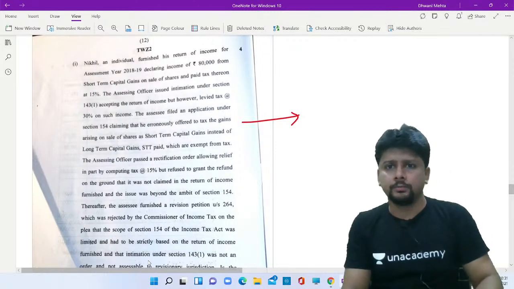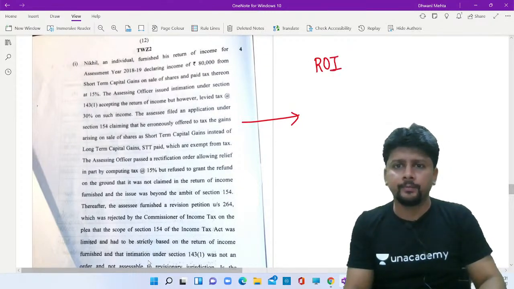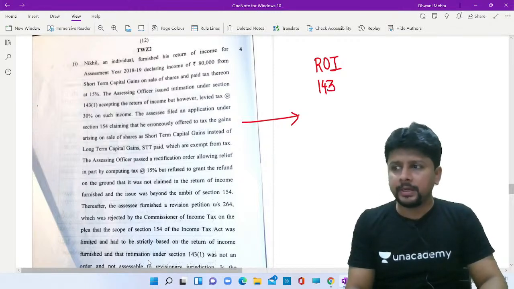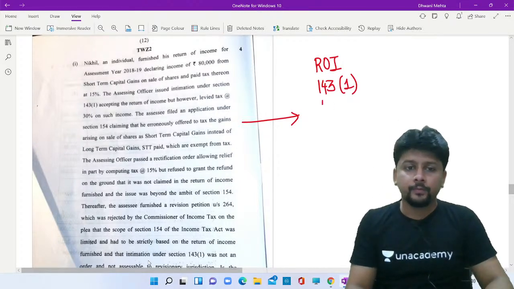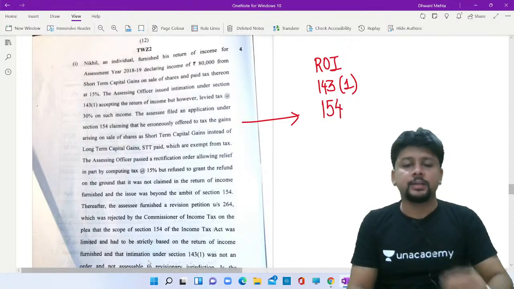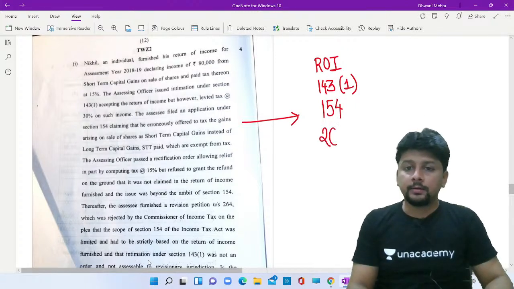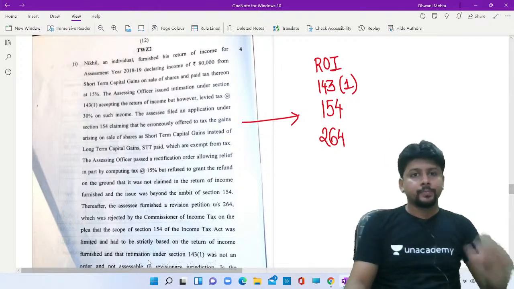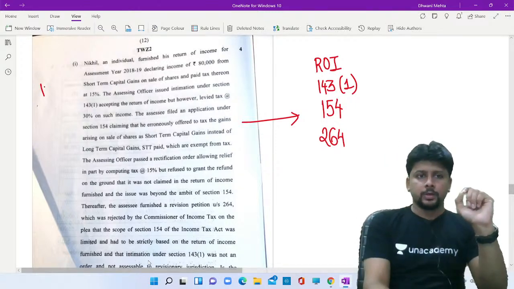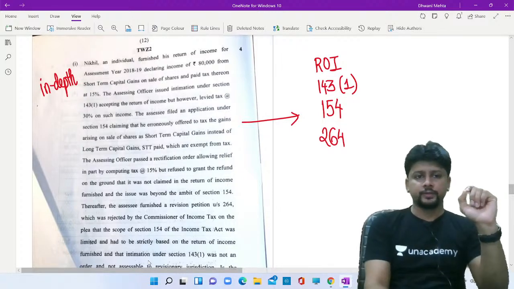many things involved. So there was a return of income filed, then the return was picked up under 143(1), processing was done, then a rectification order was passed under 154, and then a revision application was made under 264. This question, honestly speaking, needed an in-depth knowledge of section 264.